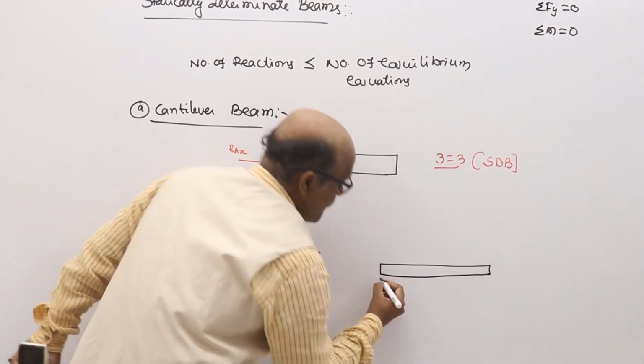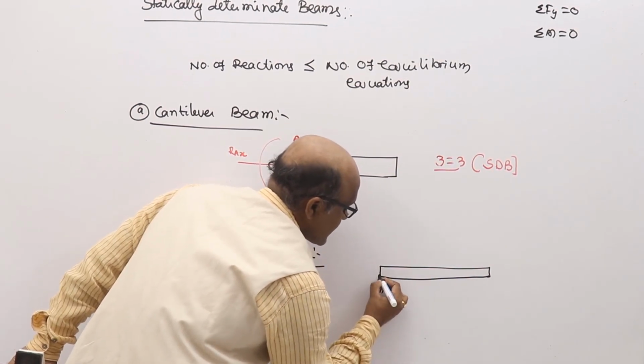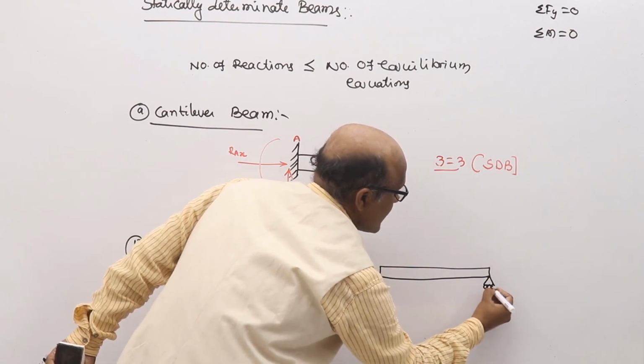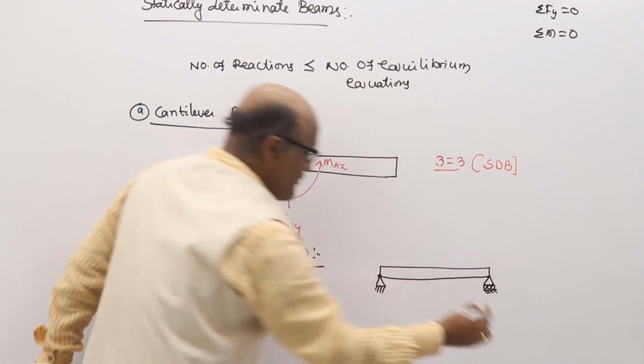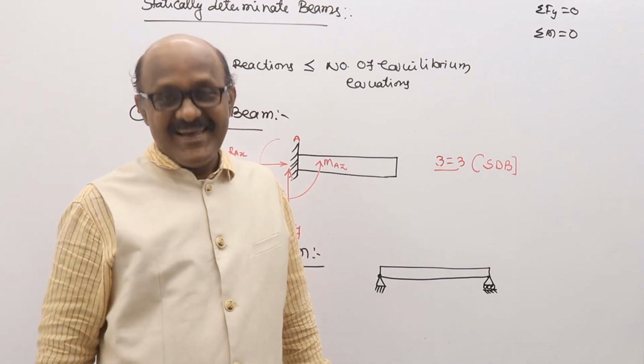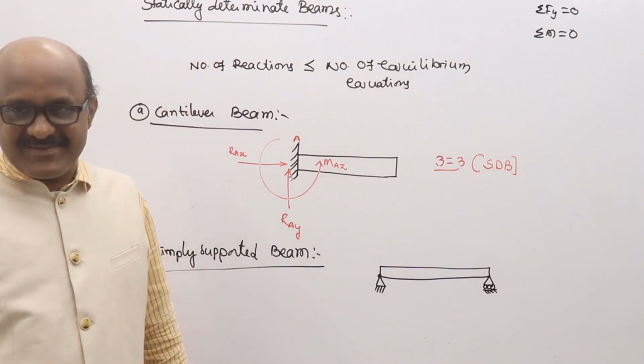Suppose here is a hinge support, and here is a roller support. A beam having supports at end points is called a simply supported beam, my dear student.